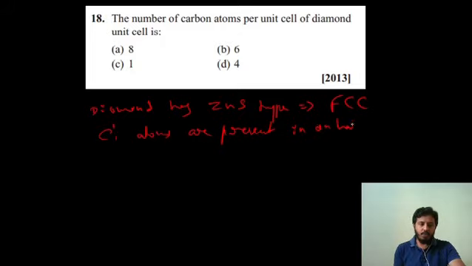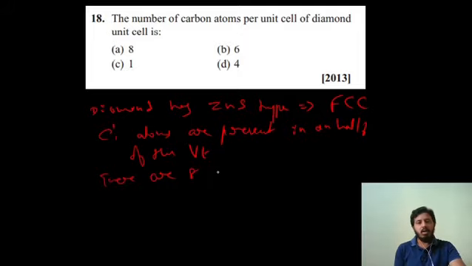in half of the tetrahedral voids. Half of the tetrahedral voids means the total number of particles in FCC is 4, so the tetrahedral voids will be 8. Half of it means 4. And there are 8 tetrahedral voids in the FCC structure.